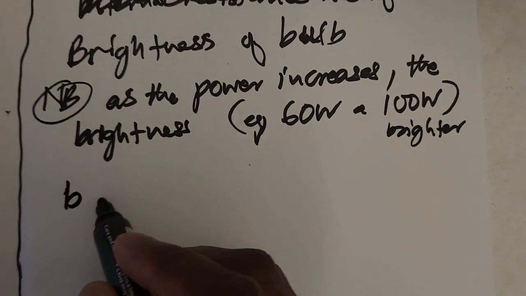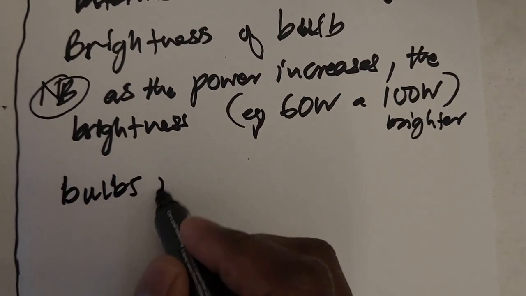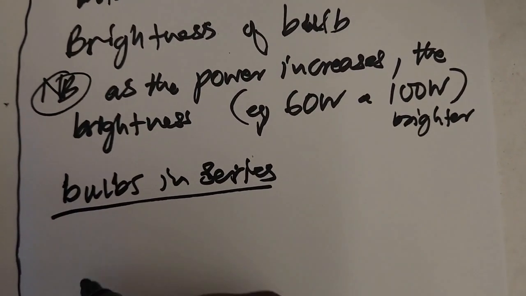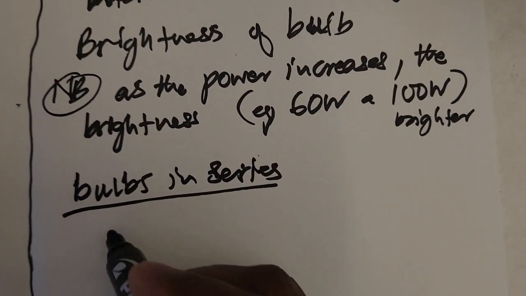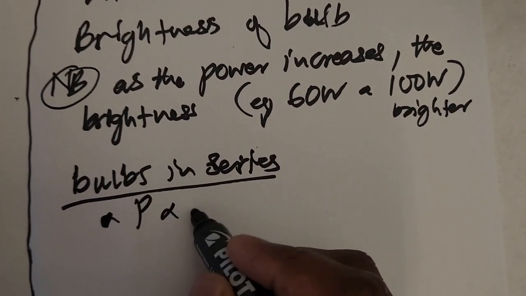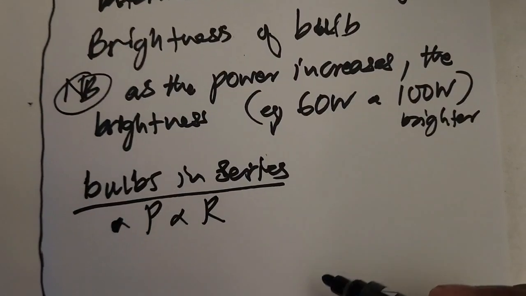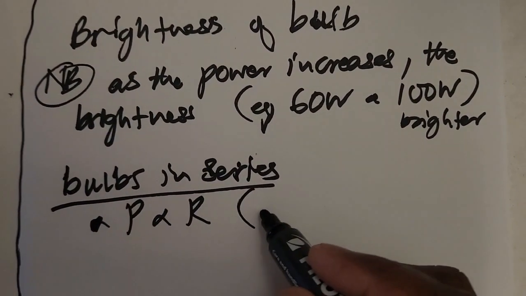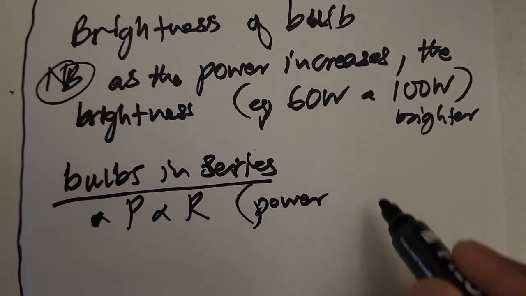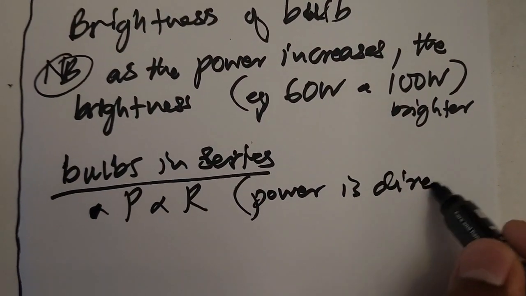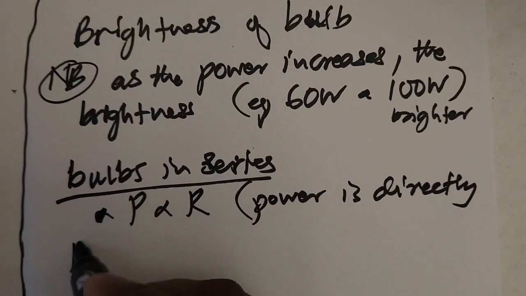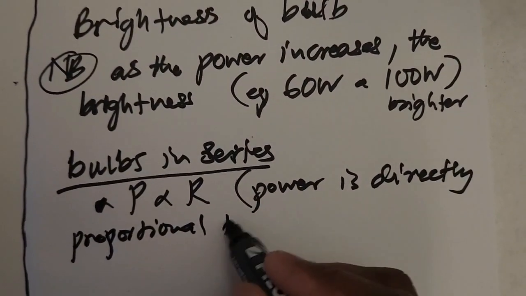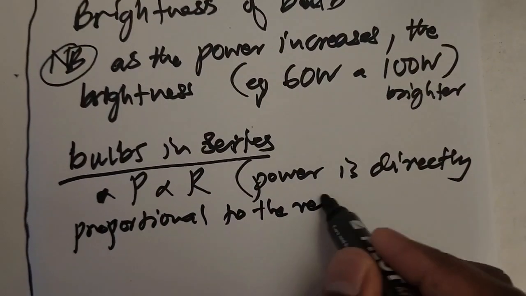Therefore, for bulbs in series, what you should know, very important, is that power is directly proportional to the resistance. What does it mean? In words, we can write it as: power is directly proportional to the resistance.